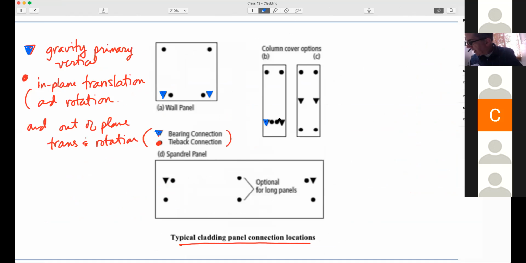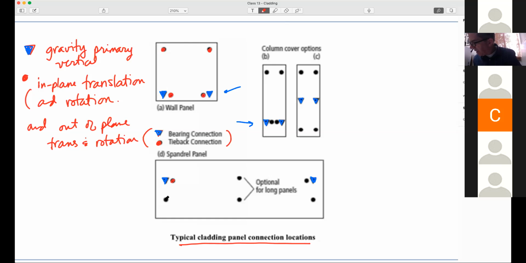You can think of these as if you were going to just hang a picture. It's not a perfect analogy because generally you wouldn't hang a picture at the bottom, because it would want to lean out, kind of rotate out. But you've got locations where you're going to support in gravity, and then you've got multiple points.